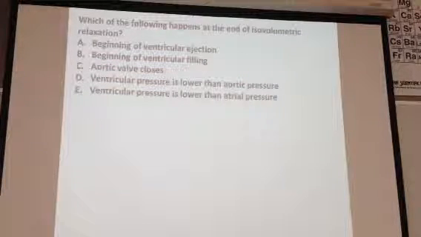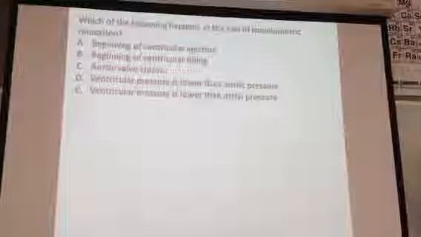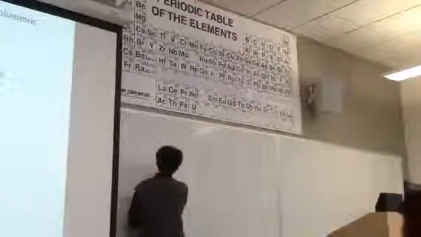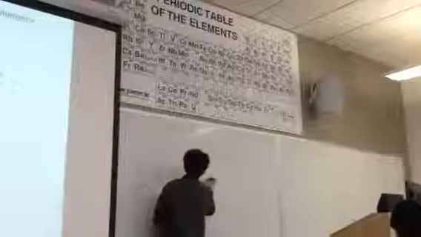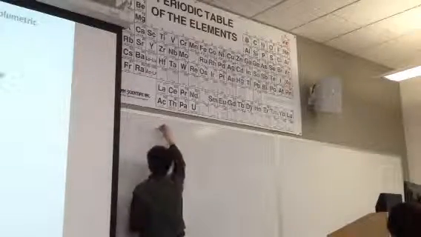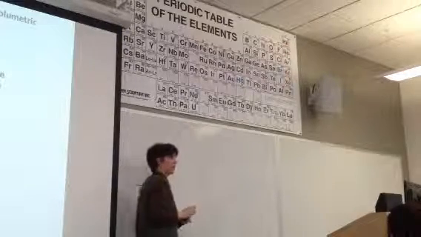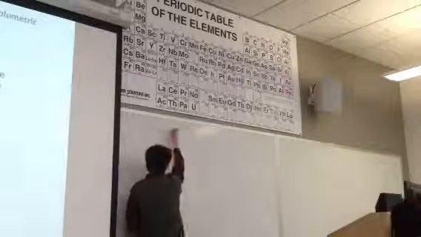But if you look at our cycle, we have ventricular pressure doing this, atrial pressure doing this, and aortic pressure doing that. Okay?